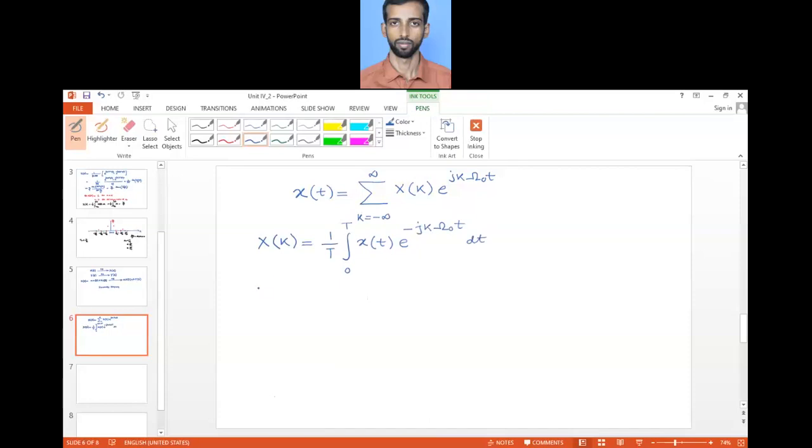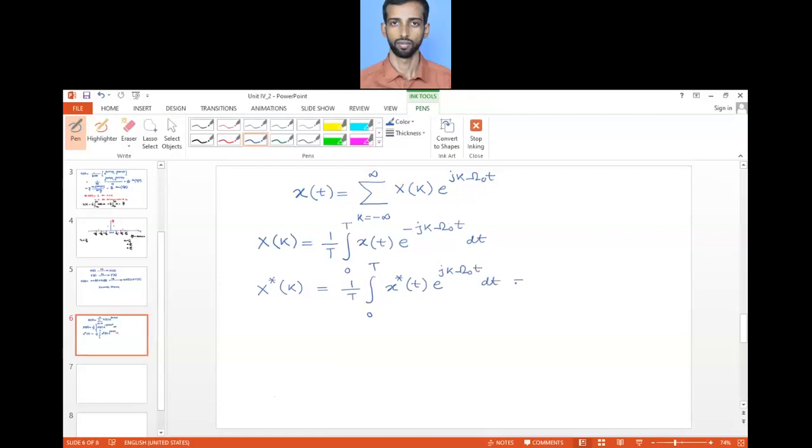Now if I take the complex conjugate of this x of k, which gives us x star k, how can I write this for a real signal? 1 by T integration over 0 to T, I can write x star t there, and the complex conjugate of e to the power minus j k omega naught t will give us e to the power plus j k omega naught t dt.